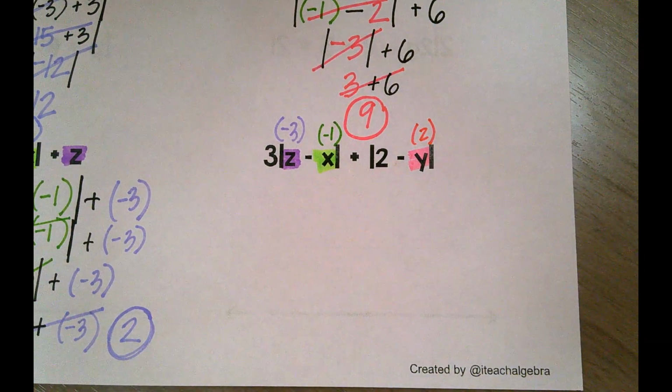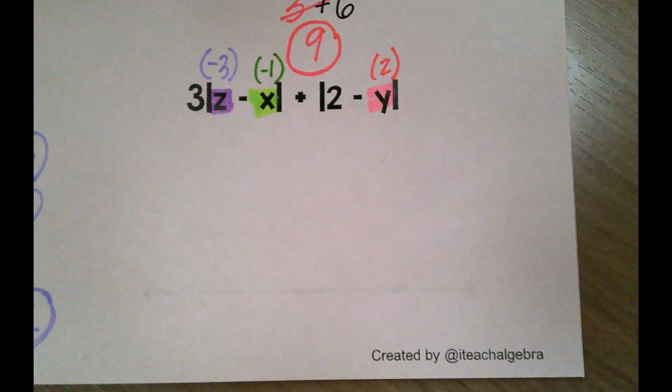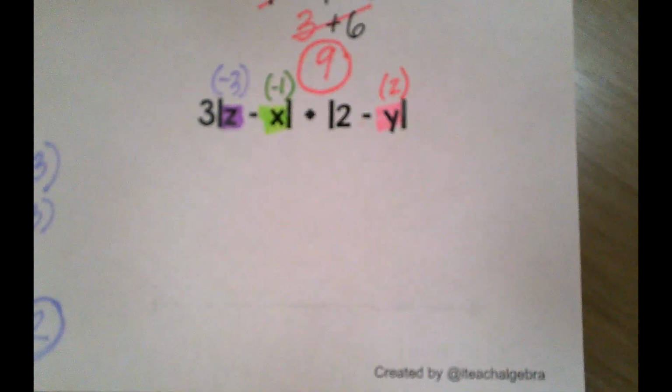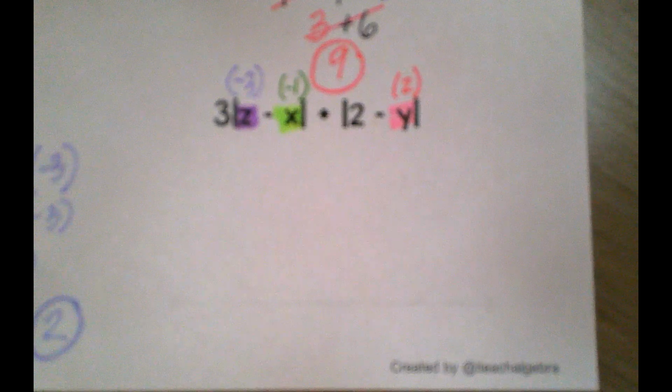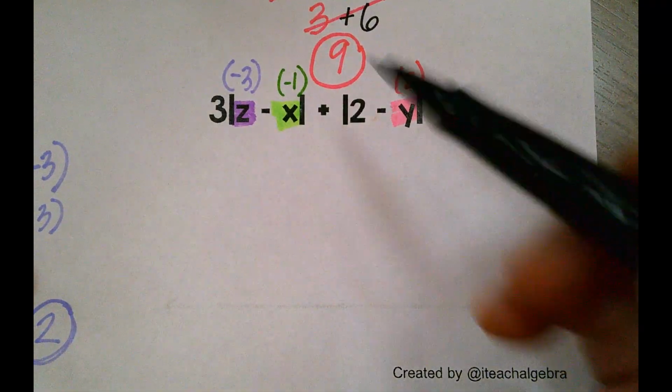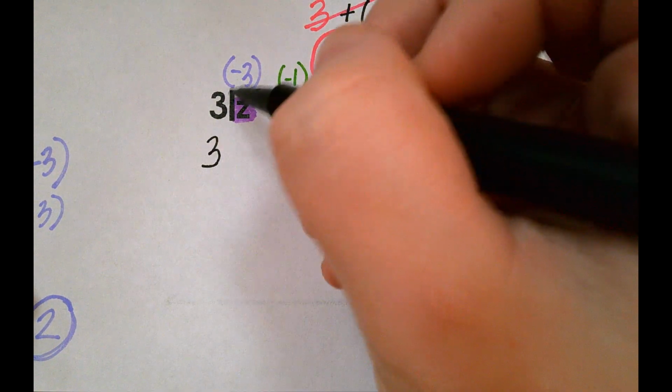Okay, so I'm going to rewrite this expression, but instead of z, x, and y, we're going to use those numbers, those values. Let's see. There we go. Okay, first, 3. After 3, I have an absolute value bar.